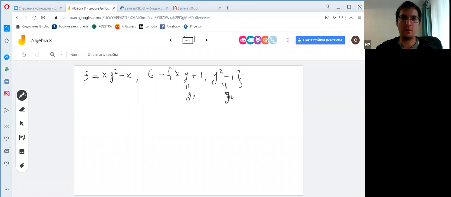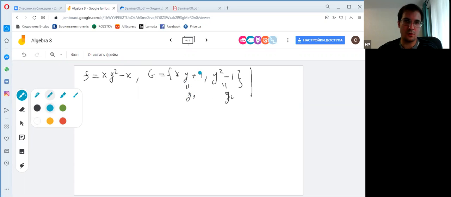Okay, we have a system of 2 polynomials, and we have this polynomial, and we want to find 2 different remainders. First of all, we always compute the leading terms. What is the leading term of g1?